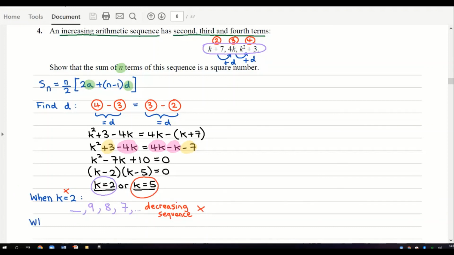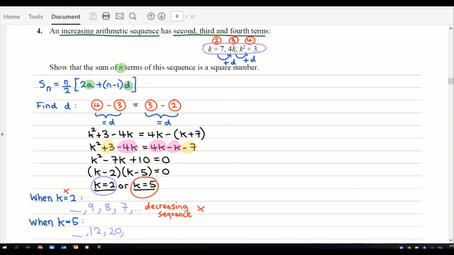So when k equals 5, what sequence do we get this time? Well, we have 5 plus 7, which is, of course, 12 for our second term. Don't know what the first term is. 4 times k, so that's 4 times 5, which is 20, and which is increasing. This looks good.